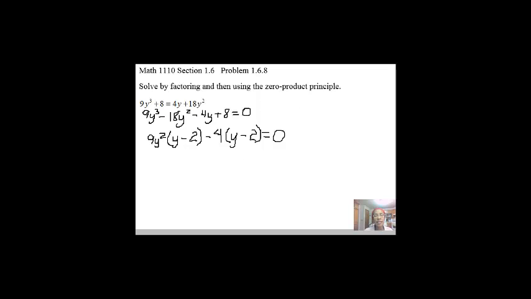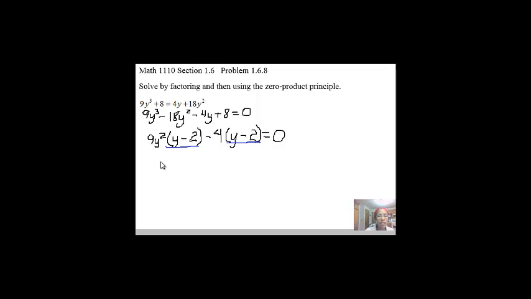The key is that these two factors that I'm underlining in blue have to be identical in order for this process to work. And when I multiply this all out using the distributive property, I have to obtain each of the four terms that I began with. So this process is called factoring by grouping.